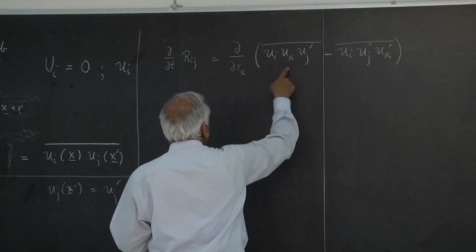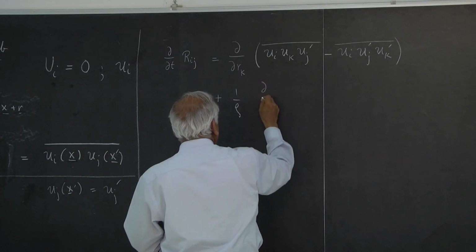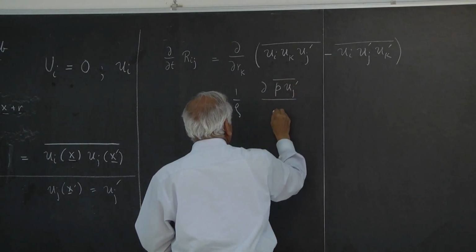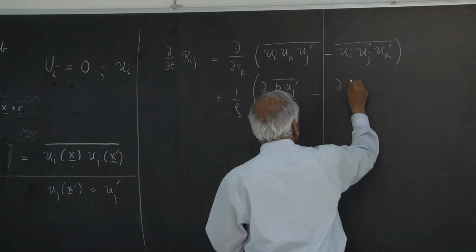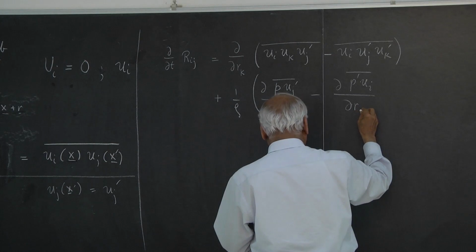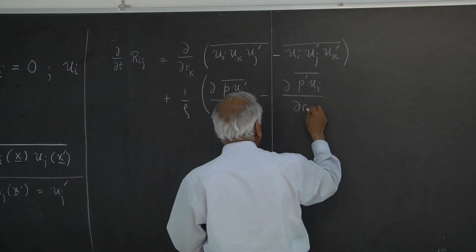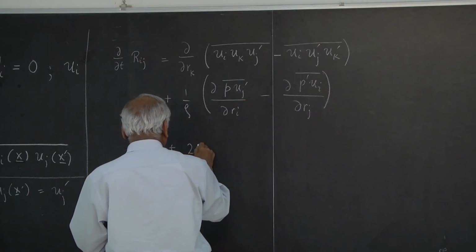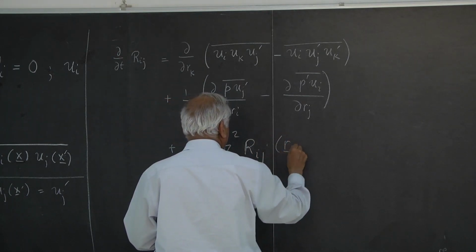You have a second order thing, a third order one here, plus the pressure terms, which will be very simple: minus d of P uj prime over d ri, minus d of P prime ui over d rj, plus 2 nu Laplacian of Rij of r and t.